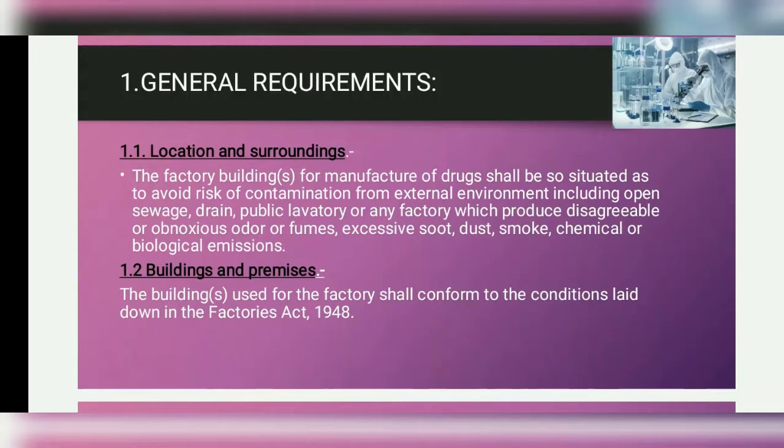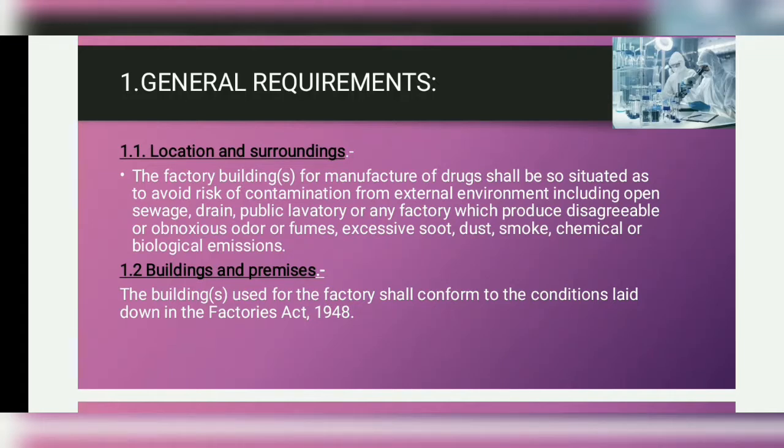It includes open sewage, drains, public toilets, or any factory which produces disagreeable or obnoxious odor or fumes, dust, smoke, chemical or biological emissions. So the factory for manufacture of drugs must be away from these chemical and biological emissions and excessive soot, dust, etc.